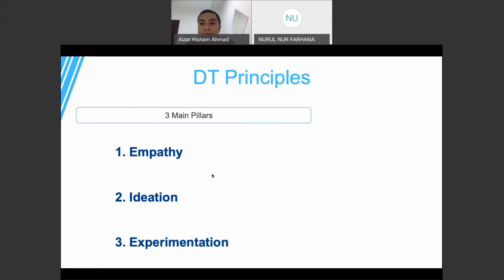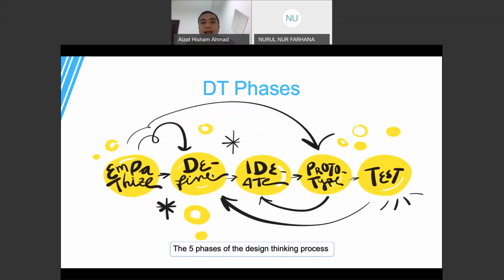Okay. Now those are the principles. When you go a little bit more in detail, if you are actually attending a master class for design thinking, you will be learning individual steps on each and every phase. So that's why it takes at least 30 hours to understand.